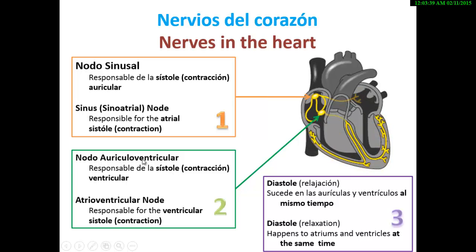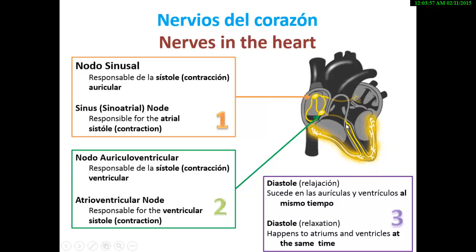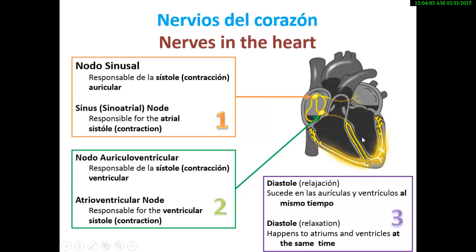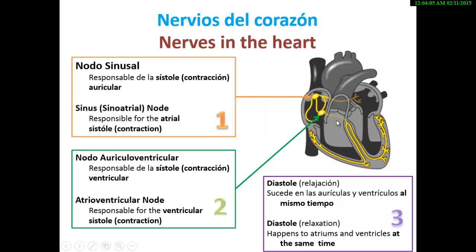Therefore, it's called the atrioventricular node. This node pauses the signal briefly, allowing the valves to open and close depending on what's needed. Then it sends the signal to the rest of the heart, in this case the ventricles. The ventricles then contract and squeeze the blood out through the arteries.